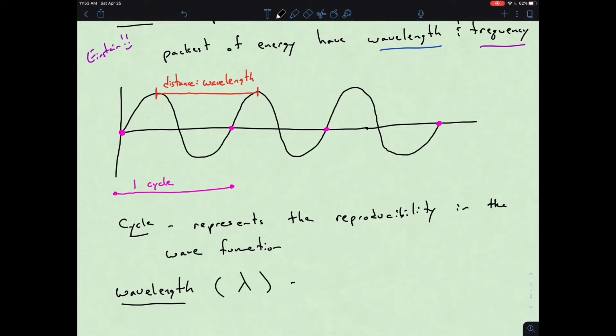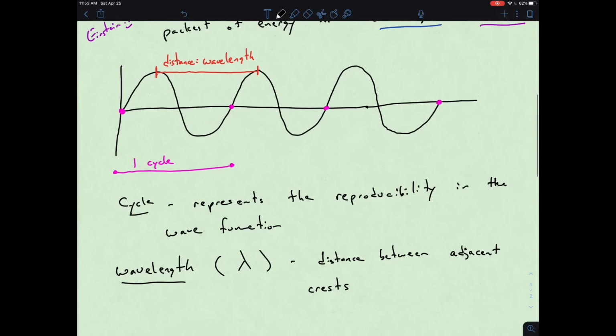And wavelength is basically that distance, as I was saying. It's the distance between crests, adjacent crests. So that's our wavelength.